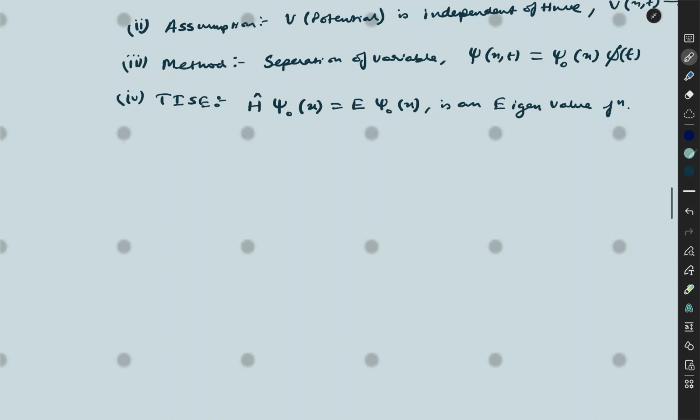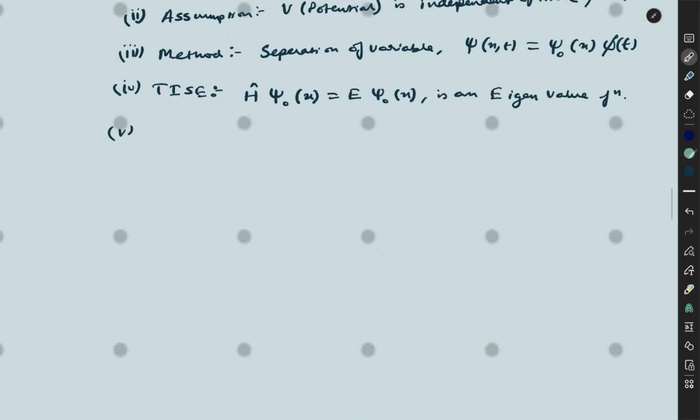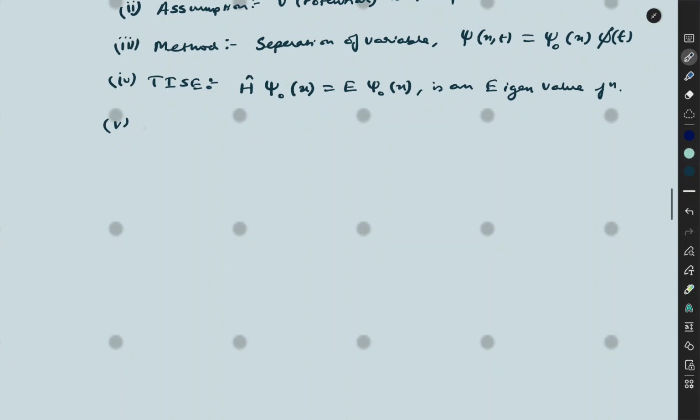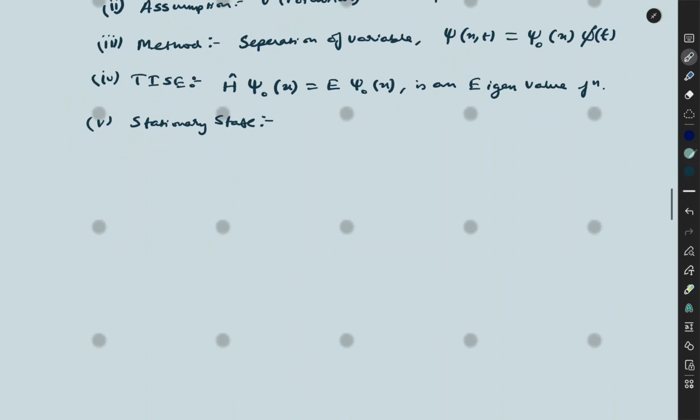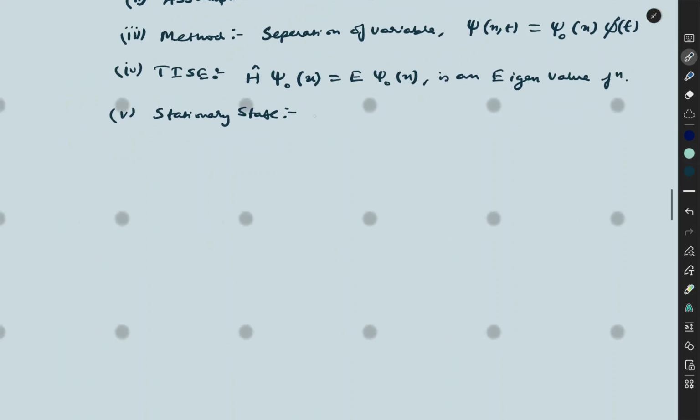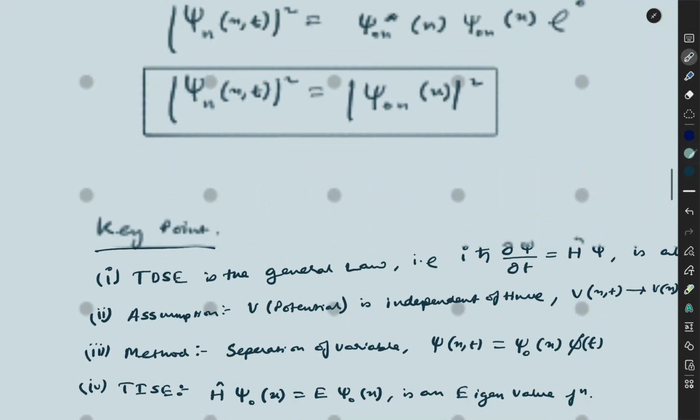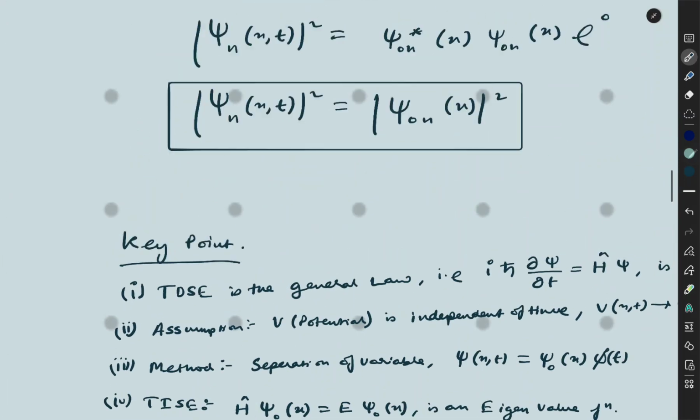And the fifth one is the stationary state. That is the phi of t, what we got here, I just copy it from here.